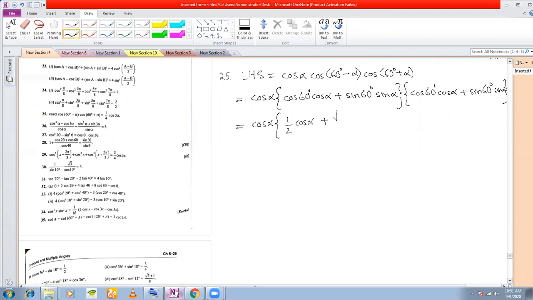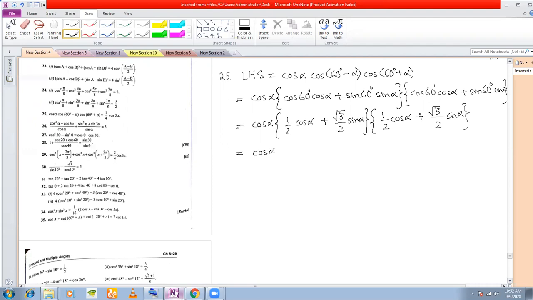Sin 60 is root 3 by 2, root 3 by 2 sin alpha. Next you have half cos alpha plus root 3 by 2 sin alpha. Okay. Now this is in the form A plus B into A minus B.